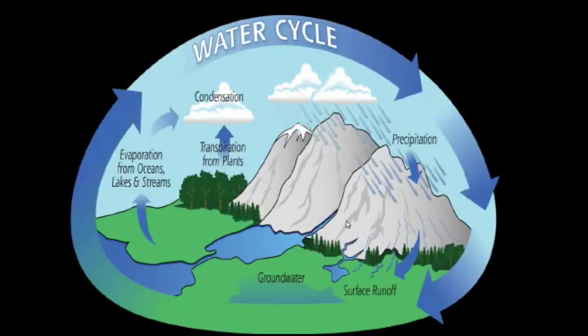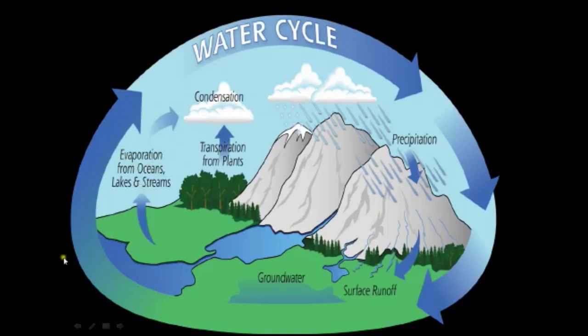Now we can see how the water cycle continues. Here we have groundwater, surface runoff, and precipitation. But before precipitation, the water from the lakes, oceans, and streams gets evaporated.